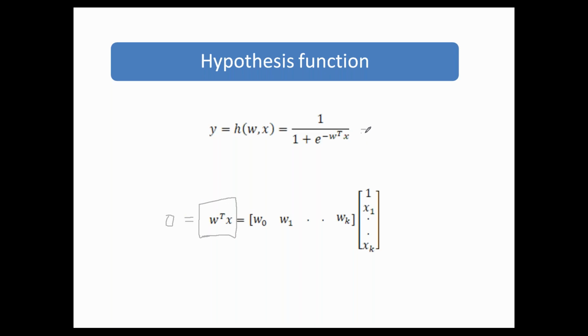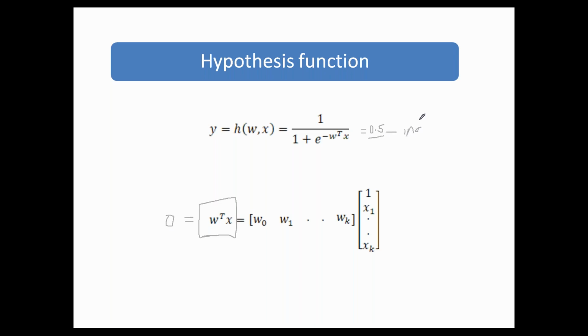It will be 0.5. When it is 0.5, we are unable to tell whether it belongs to class 1 or class 0, because only when y is near to 1 can you tell it is class 1. When it is near to 0, we can tell it is class 0. But when W transpose X is equal to 0, the output value is 0.5. So this is called indecision or boundary.